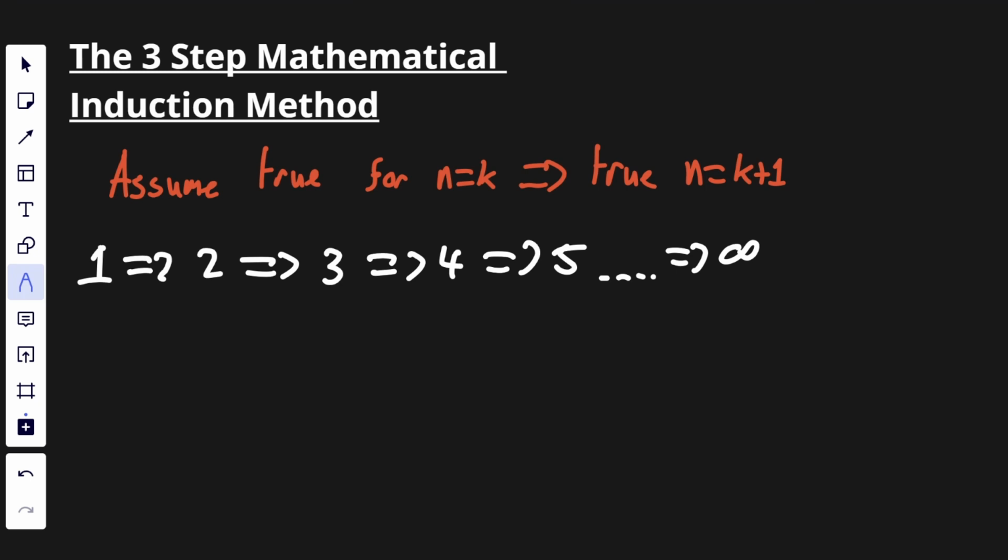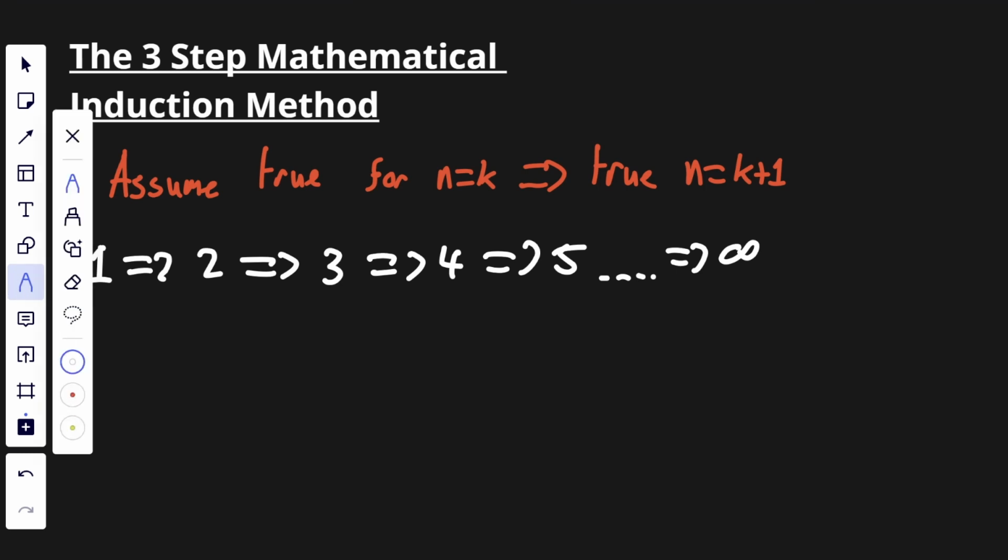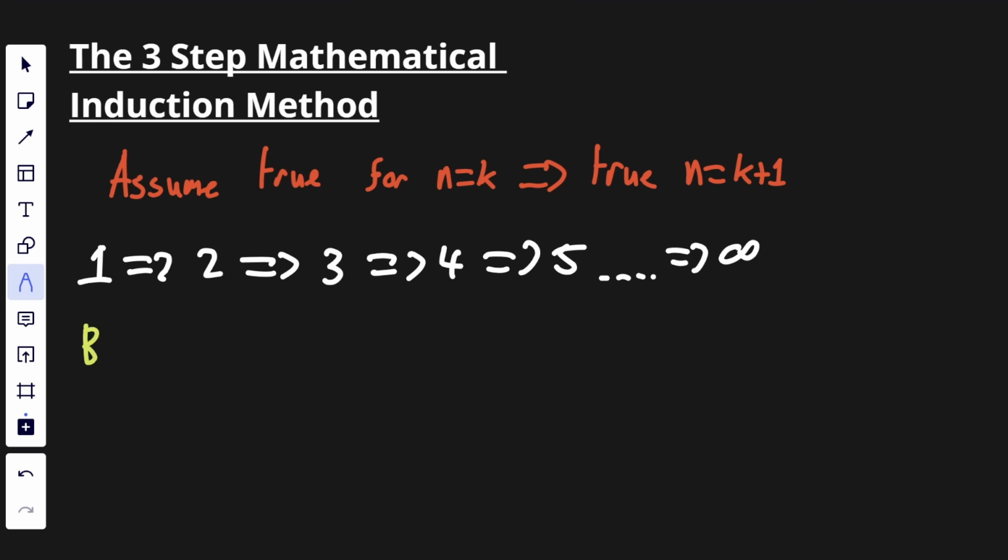In some later videos, we're actually going to see where this method slightly differs, but if you're able to understand this process and why this works, you'll be able to adapt the method to suit that particular problem. Now, the one thing we haven't talked about yet is where does the domino start? And this is where we need to consider a base case. The base case is like our first domino.